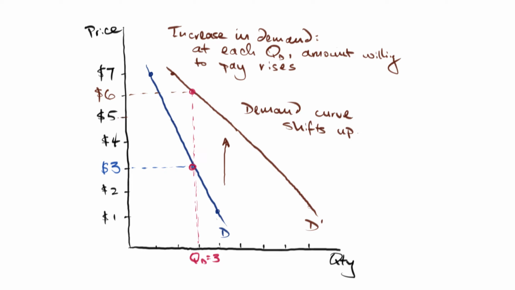And what I'm trying to illustrate here is that for a quantity of 3, initially the consumer would have been willing to purchase 3 at a price of $3. After the consumer's demand increased, the consumer would purchase 3 at a price of $6. So we could also think of an increase in demand as something that would raise the price that a consumer would pay for some quantity of the good.